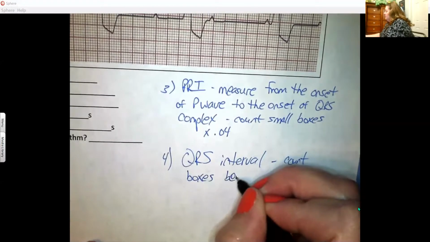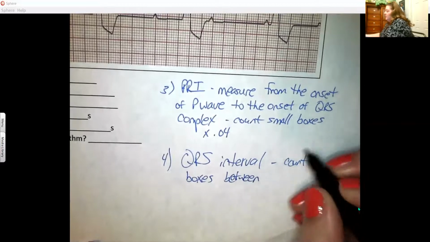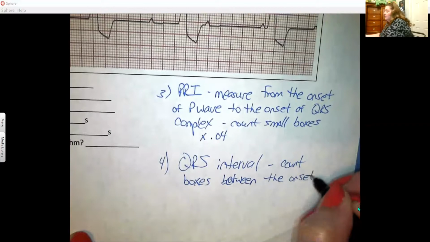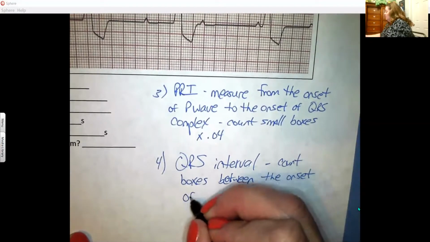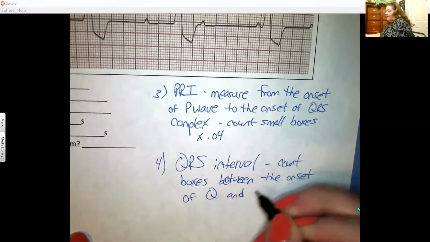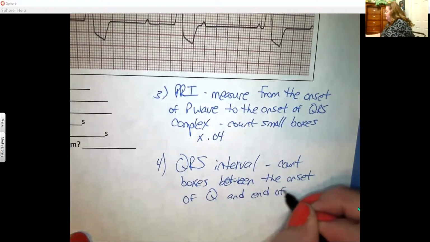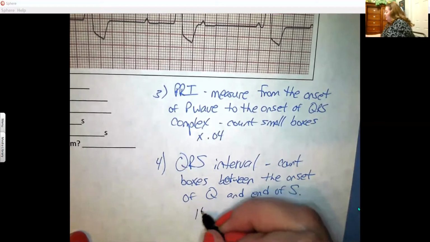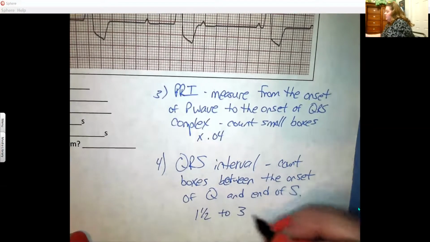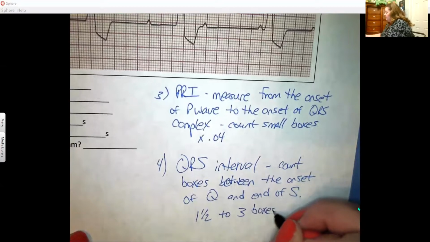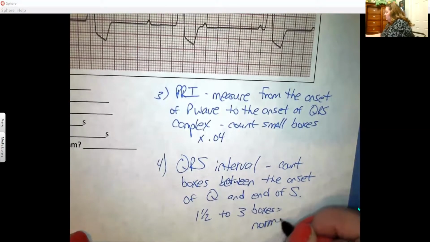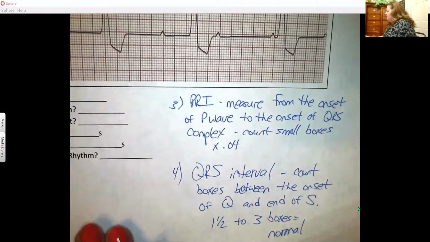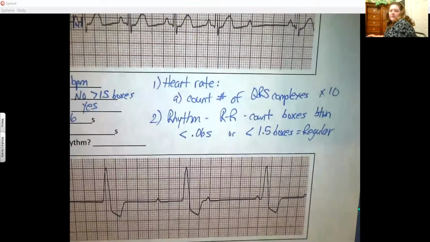This time it is between the onset of Q and the end of S. And in this case, 1.5 to 3 boxes apart is normal. And your other paper or PowerPoint, I think, shows that as well, as far as normal ranges go.